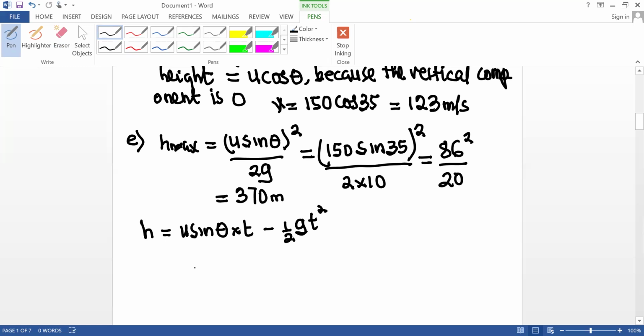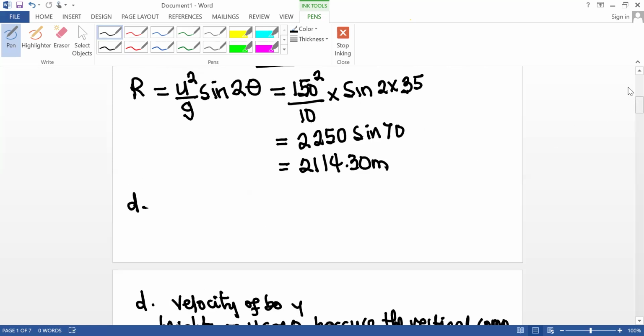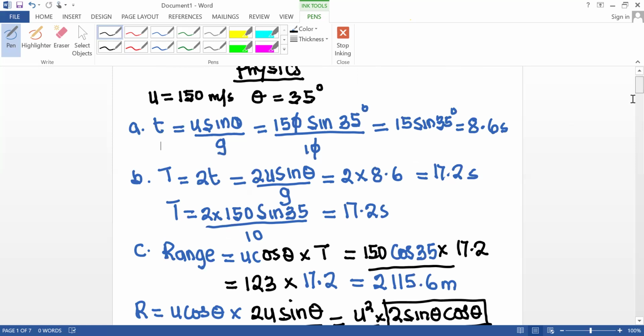Now, our t here is the time taken to reach the maximum height. So we have 150 times sine of 35. What is the time taken to reach the maximum height? We calculated for that. We had 8.6.